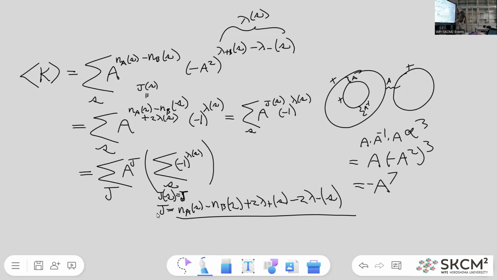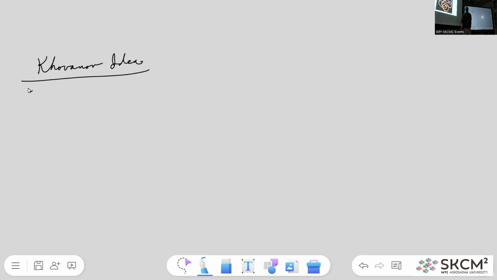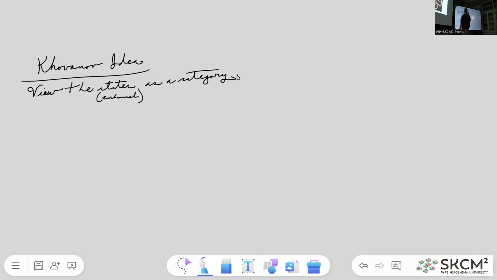Khovanov's idea is to view the states, or the enhanced states, but it doesn't have to be just the original states first, as a category. That's not such a highfalutin idea at first. It's actually a very simple idea.